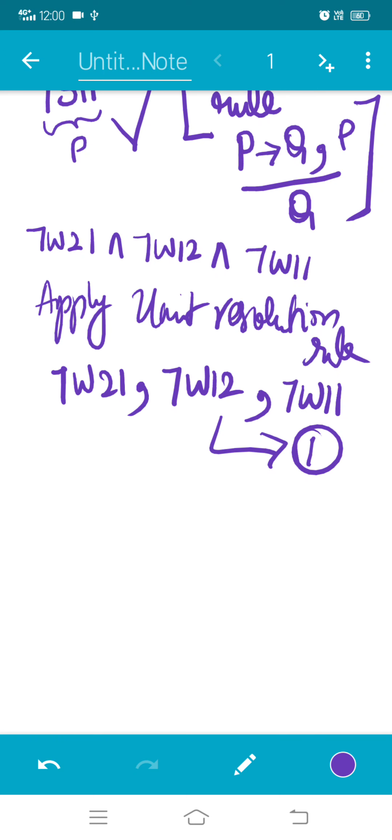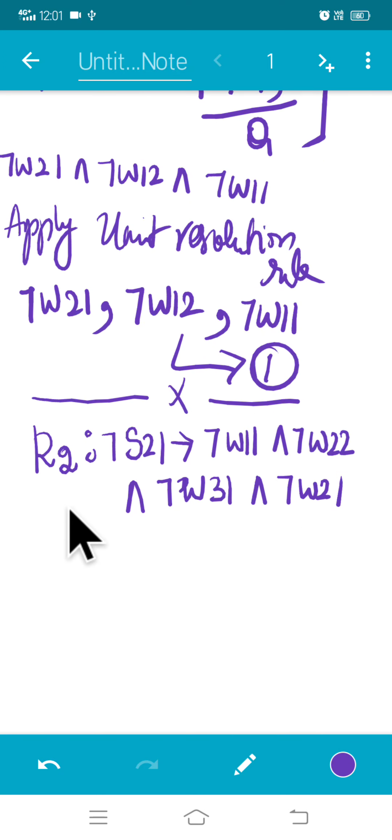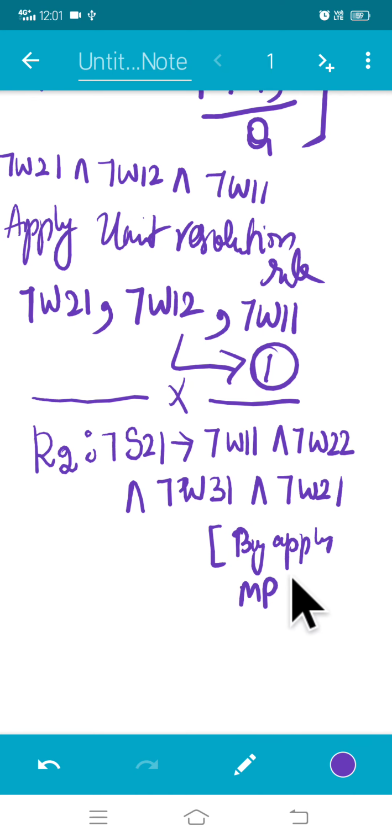So now we will take the second rule. So what is our second rule? So here I have written rule number 2. Again, by applying the modus ponens rule, we know that negation of S21 is true.